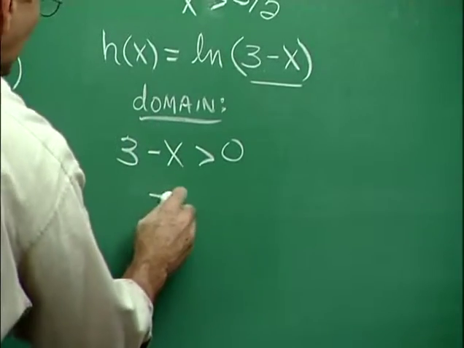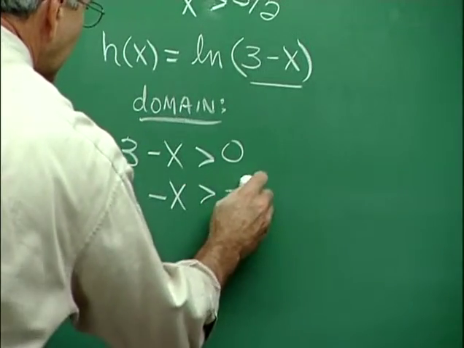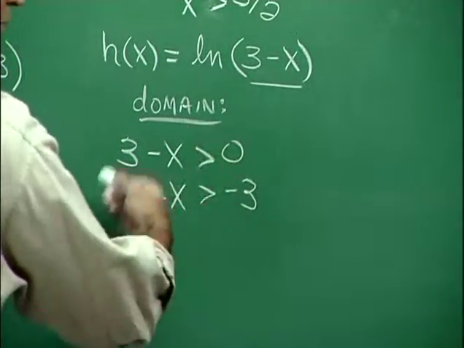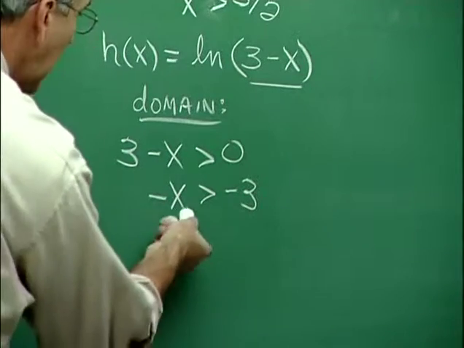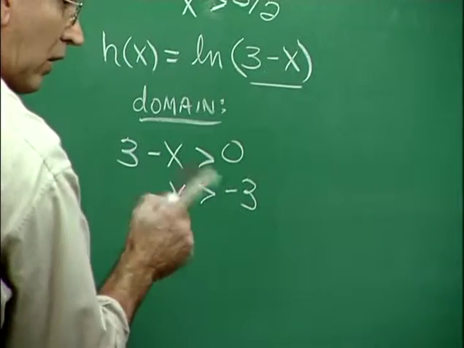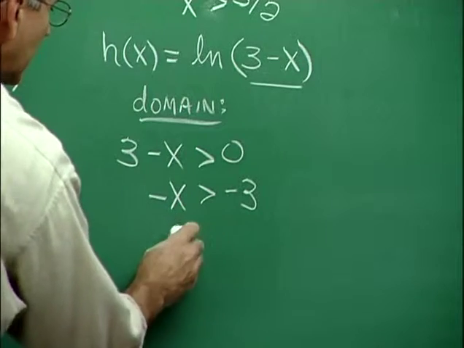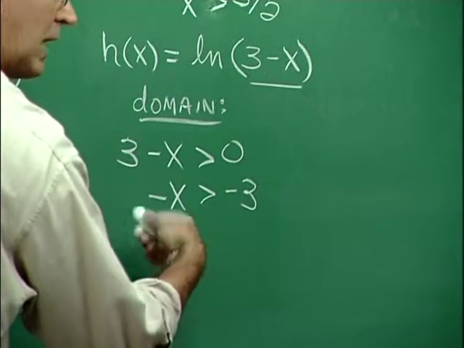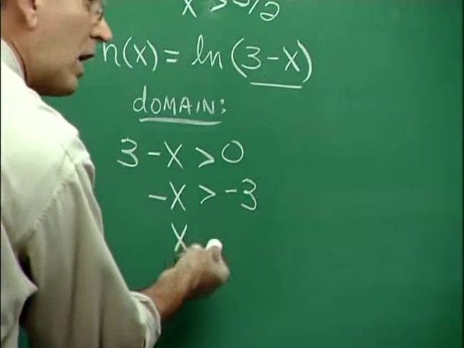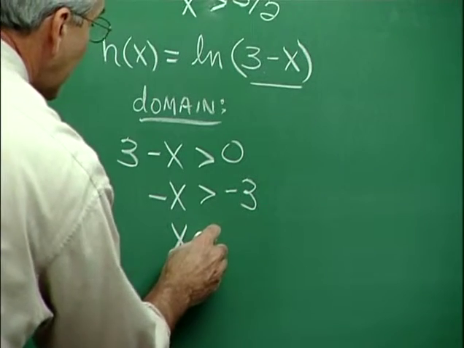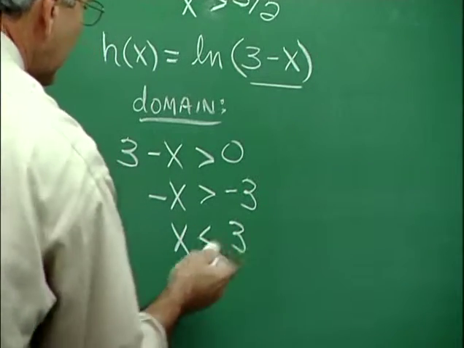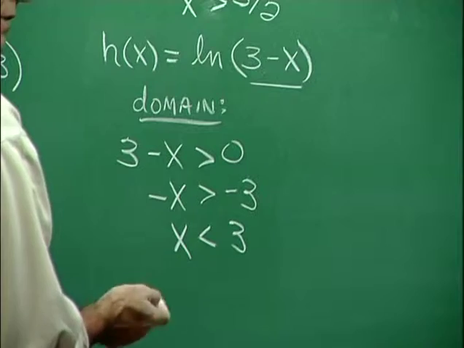If I subtract 3 on both sides, I get this. Then if I multiply on both sides by negative 1, I'll clear the negatives, but I also need to change the sense of the inequality, because I'm multiplying an inequality by a negative number. So x is less than 3.